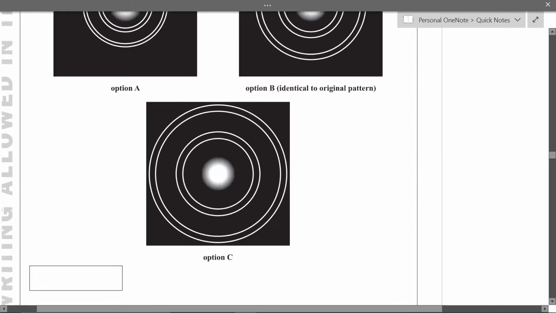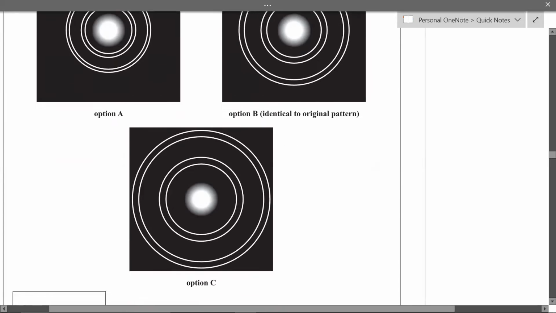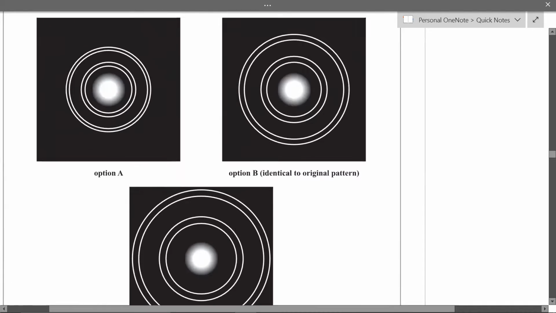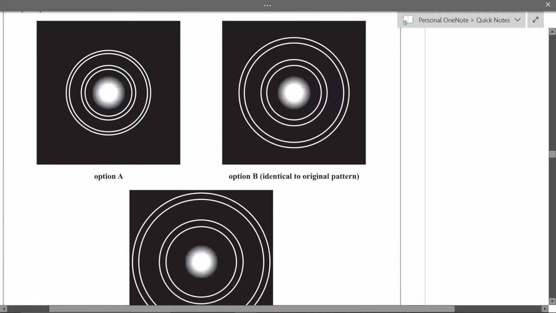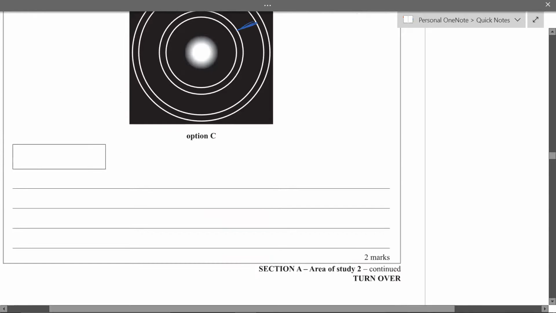So question 8, explain. They increase the voltage and hence the speed, and they're asking which diffraction pattern it would be. You can see the difference here is the gap between the two circles. So the answer here is A, because we know from the equation we just used, lambda equals h on mv, and lambda is the thing that determines what this looks like.